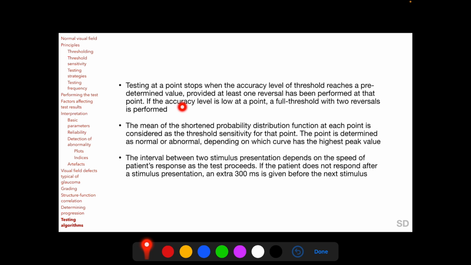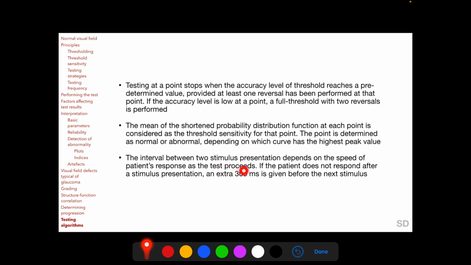But if the accuracy level is low at a test location, a full threshold with two reversals is performed at that location. And as we have mentioned, a full threshold with two reversals is also performed at the four primary test locations. The mean of the shortened PDF at each location is considered as the threshold sensitivity at that location, and the test location is determined to be normal or abnormal depending on which curve has the highest peak value.